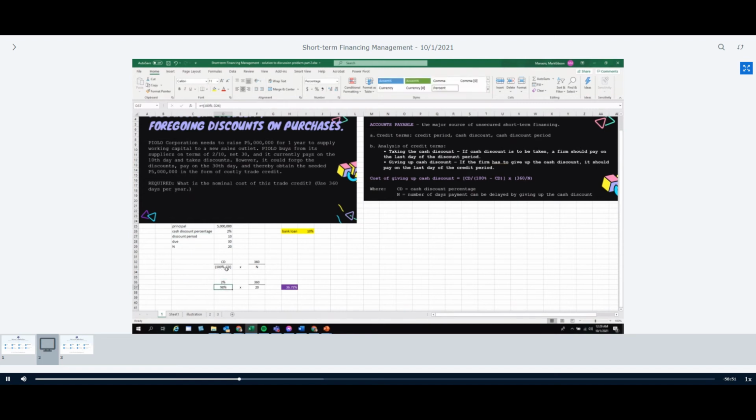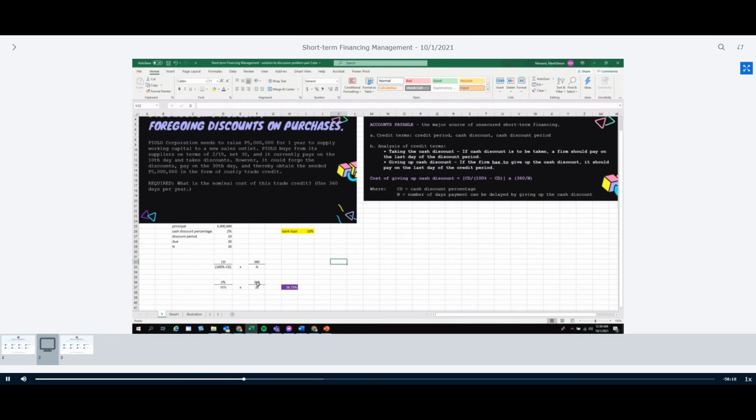So 100% minus 2%, so that's 98%. Okay? 360 is the number of days. Sabi naman dito, use 360 days per year. So let me just check it. Okay, so still recording. Good. Okay. So 2 over 98% multiplied by 360 over 20.